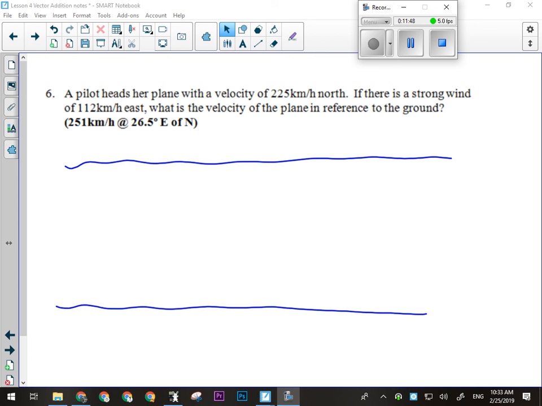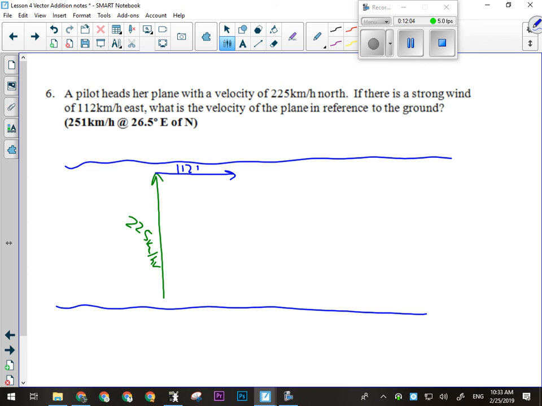So effectively, what we have here is the speed of the plane going north, 225 kilometers per hour. And then we have the wind speed, which is 112 kilometers per hour east. They want us to find the resultant velocity of the plane. So effectively, what's the plane doing as a result of all of this? That means we need to find the magnitude and the direction.